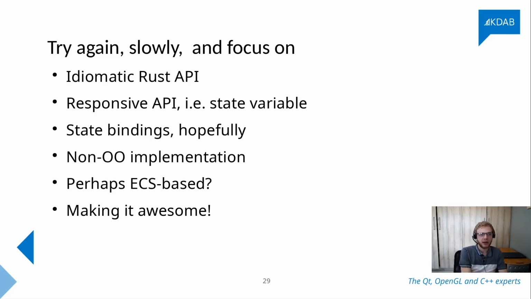Yeah. And then for any re-implementation of this, I'd strongly try to take a non-object oriented approach from the beginning this time, because I ended up having to rework a lot of stuff to force it to work on Rust, because I had a very object-oriented mindset from the beginning. Something that I am looking at right now is an ECS-based approach.